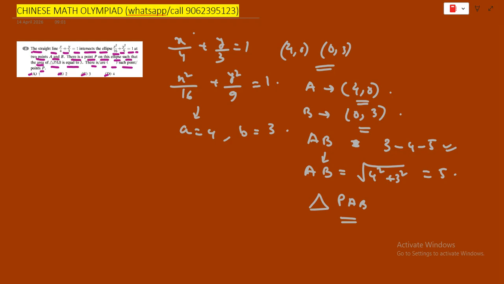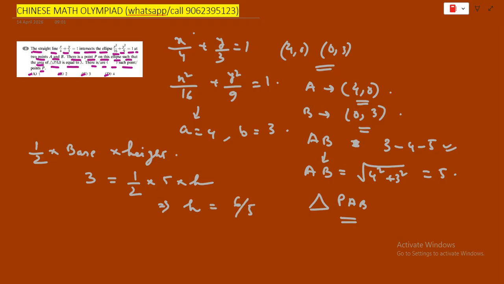Since area is half into base into height, we have 3 equal to half into 5 into h. So h will be 6 by 5. That is 1.2. And what is our mission? Find how many points P on the ellipse are exactly 1.2 units away from that line.